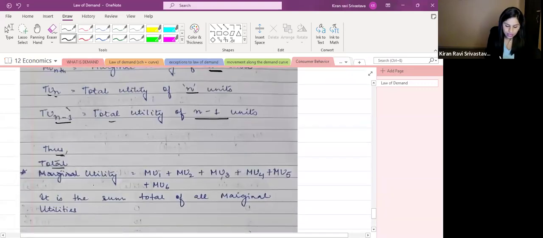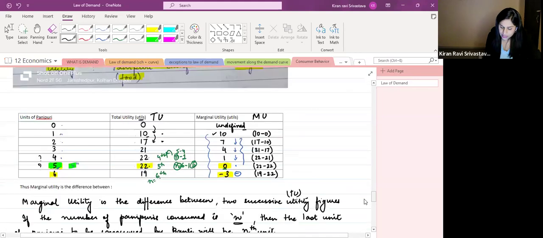Thus, total utility is always equal to the sum of marginal utility of all the commodities. When you sum up the marginal utilities of all the commodities, you are going to get the total utility. So you can just check and see. When you sum up this, 10 plus 7 is 17, 17 plus 4 is 21, 21 plus 1 is 22, and 22 minus 3 is 19.